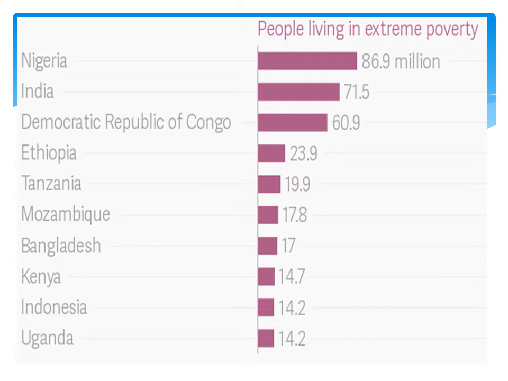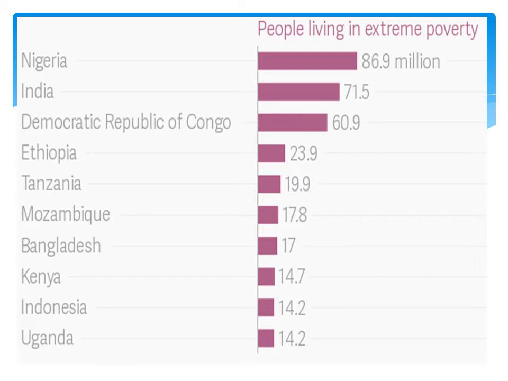When you look at this chart, you will see the poorest countries in the world and the people living in extreme poverty. Before now, India used to be the poorest country in the world with 71.5 million people living in extreme poverty.